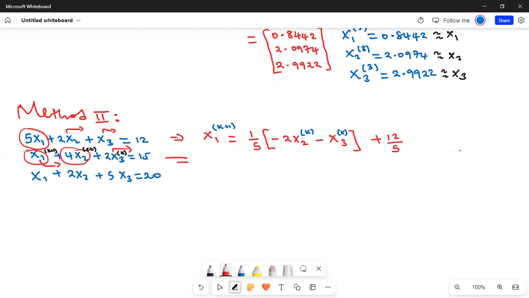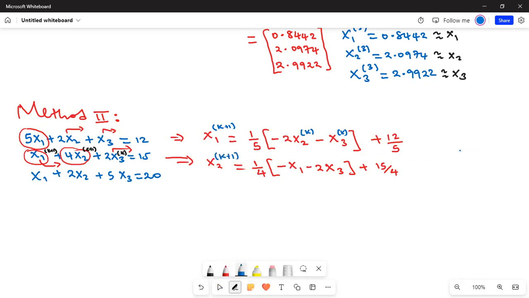So in equation 2, we will have x2 is equal to 1 over 4 times negative x1 minus 2x3 plus 15 over 4, so that the level on the left is k plus 1.